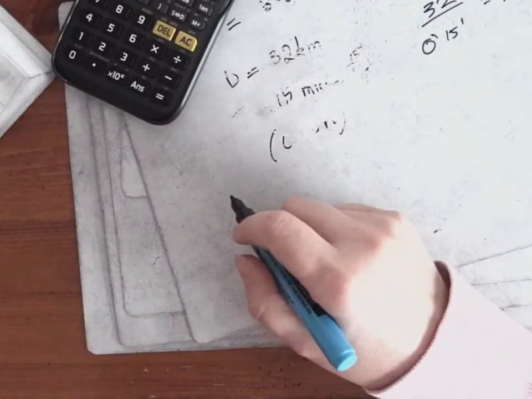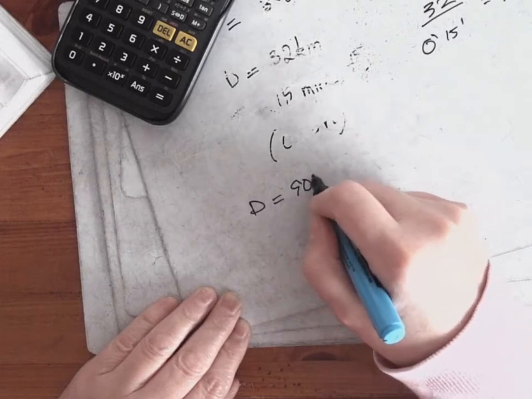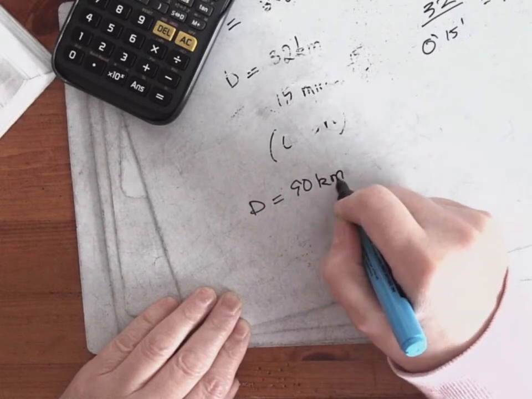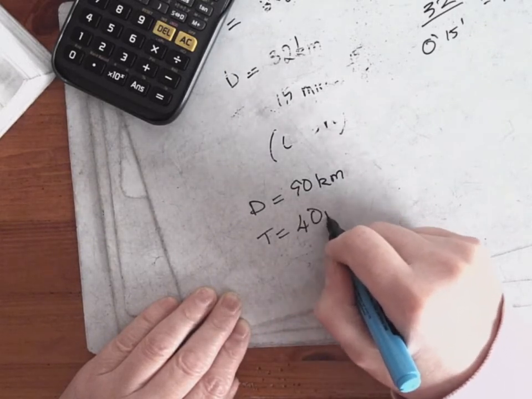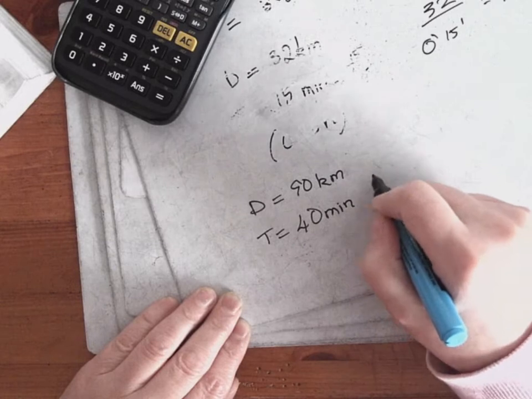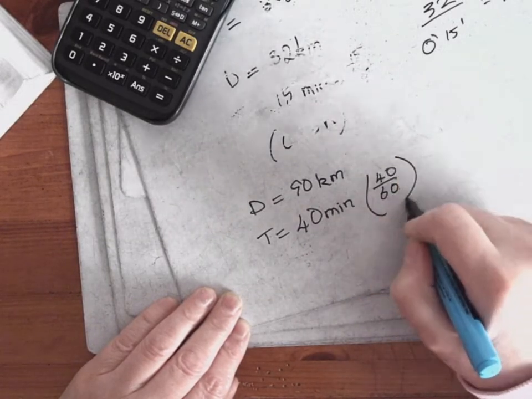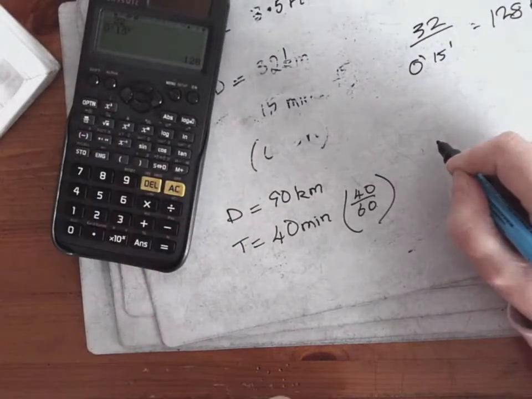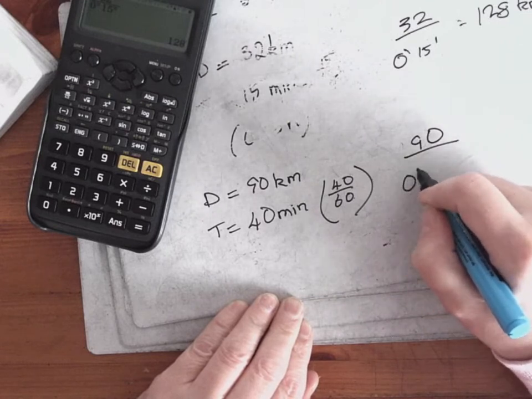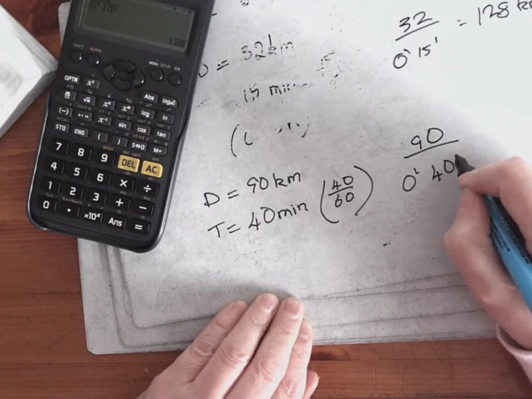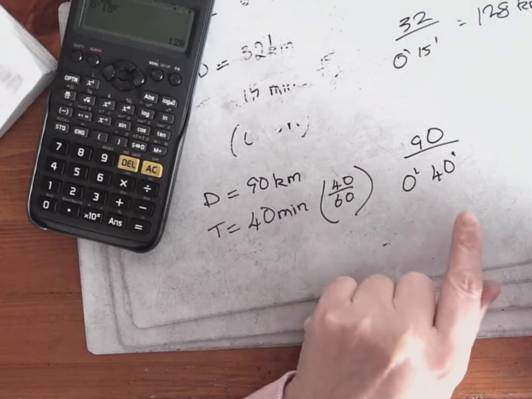Next one is 90 kilometres in 40 minutes. So the time is 40 minutes. You can write 40 minutes as a fraction of an hour, 40 over 60, but if you didn't want to do that, you can use this button on the calculator. So I want 90 kilometres divided by 0 hours and 40 minutes. You have to put in the 0 hours, because if you just put in the 40, it'll be 40 hours.